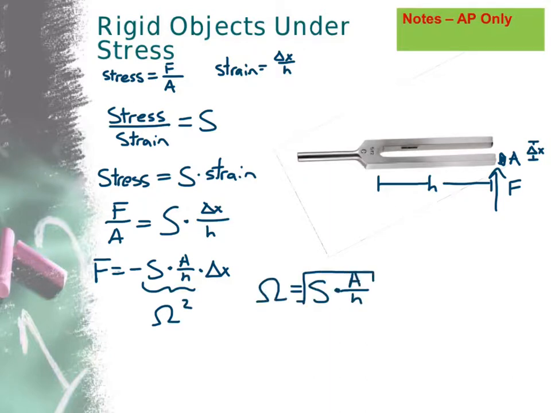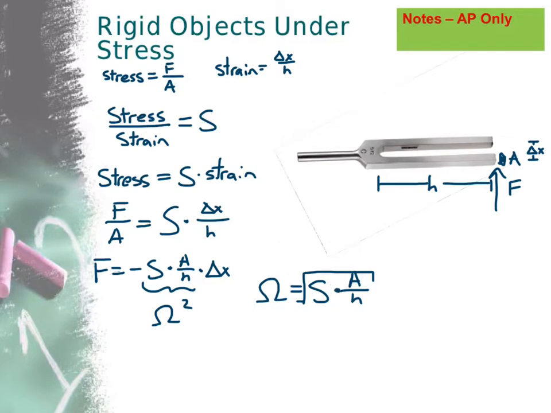Well, it does, and this thing right here, S times A over h, is equal to our omega squared. So when I strike this tuning fork, it is going to vibrate with an angular frequency equal to the square root of S times A over h.